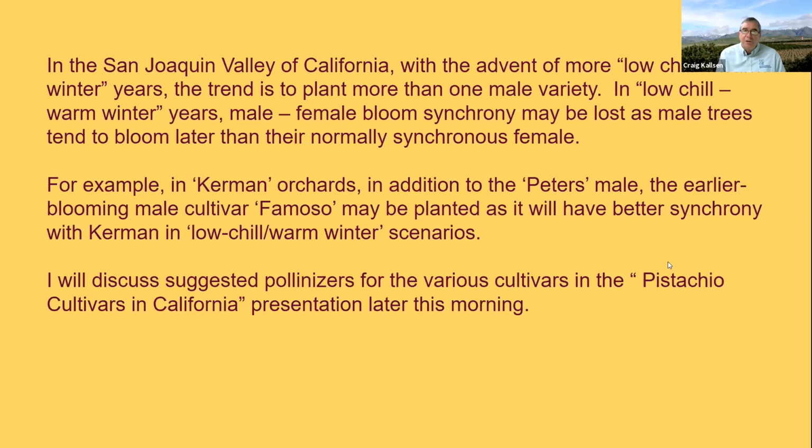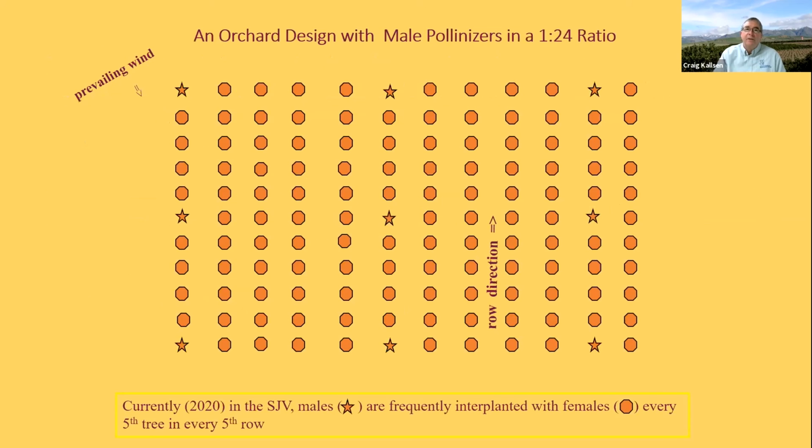So in Kerman orchards, just for an example, we usually use the Peters male as the standard male, but some growers are now putting the cultivar Famoso in those Kerman blocks, as in low chill years, it will probably have better synchrony with Kerman in those low chill warm winter years. And I will discuss suggested pollinizers for the various cultivars in the pistachio cultivars in California presentation later this morning.